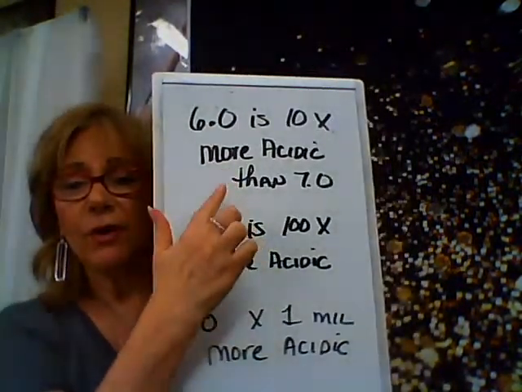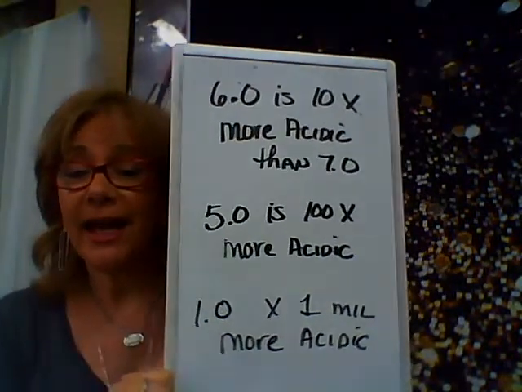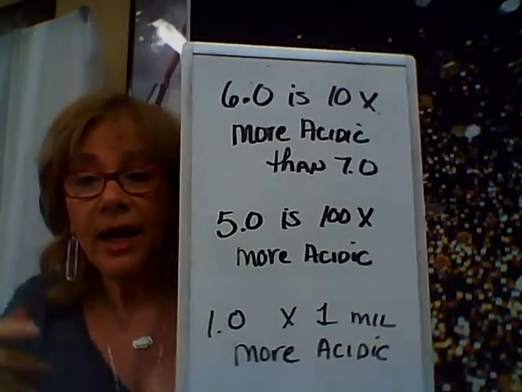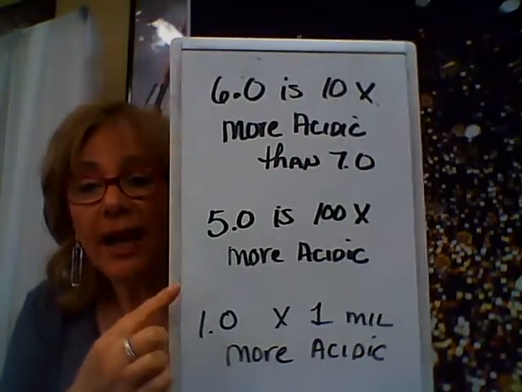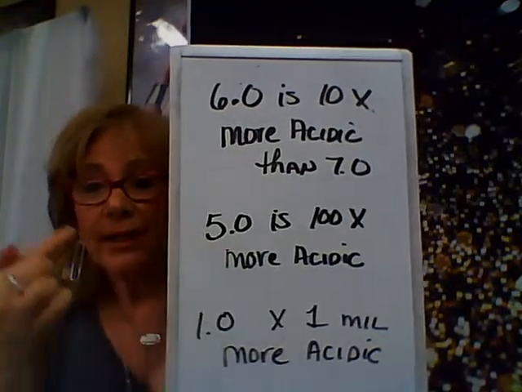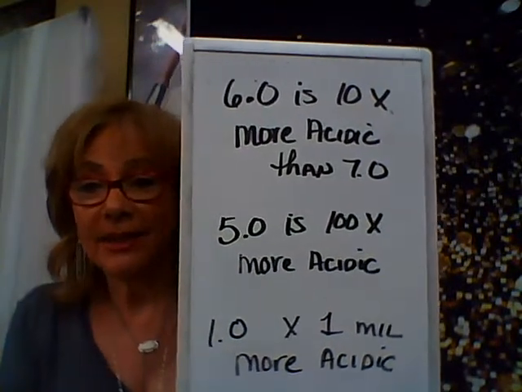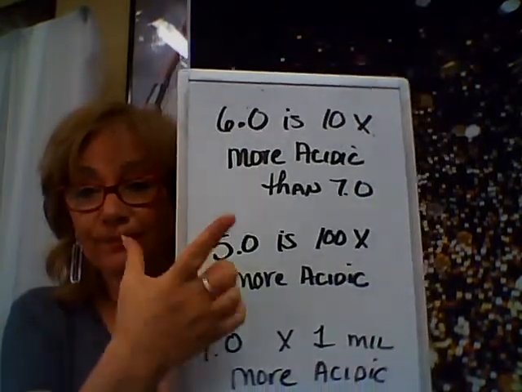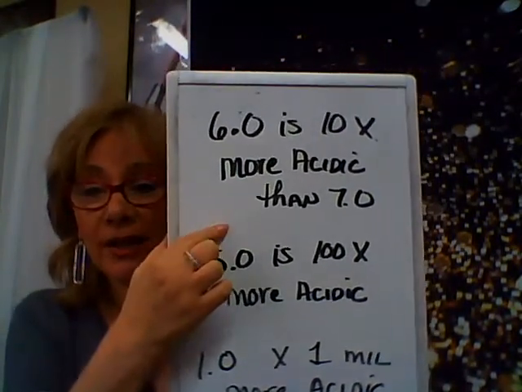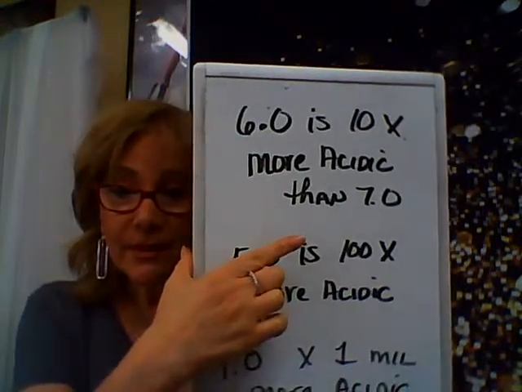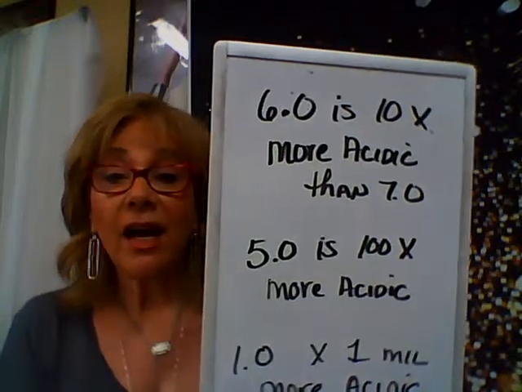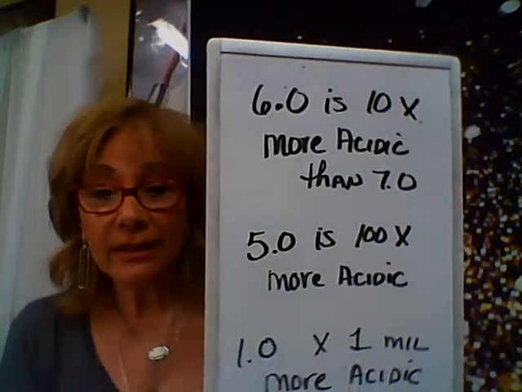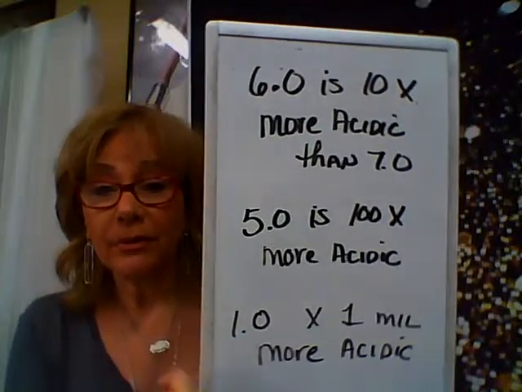Okay, here we go. This is the example of what we're dealing with on the left side of that chart that you drew. The further you go down in one number increments, you multiply it by 10. It's not 6 times 10, 60. It's 10, 100, 1,000, 10,000, 100,000, a million, all the way on up.